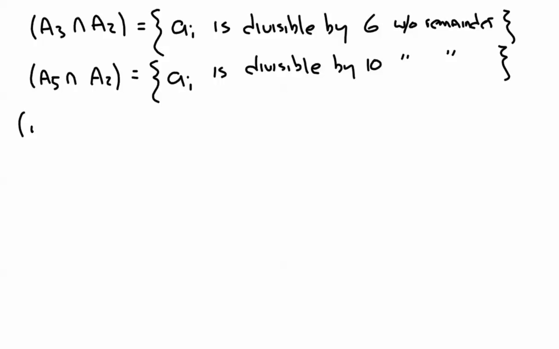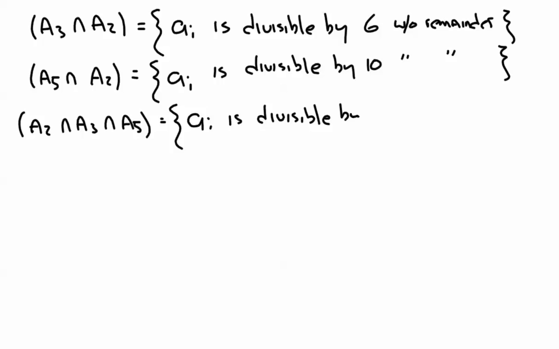And A2 intersect A3 intersect A5 is the collection of integers that are divisible by 30 without remainder.